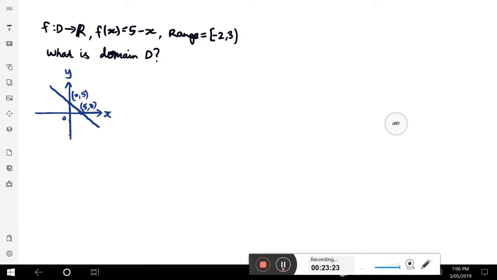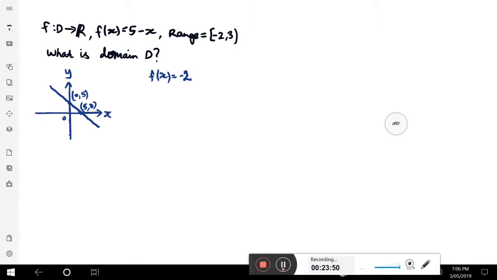Now, if we were to sub in the values given to us from the range, if we sub in negative 2 first, so if f of x is equal to negative 2, this is the range. Before, I said that x is equal to 3, I meant y is equal to 3, my bad, because this is the range, so y values, negative 2 to 3.